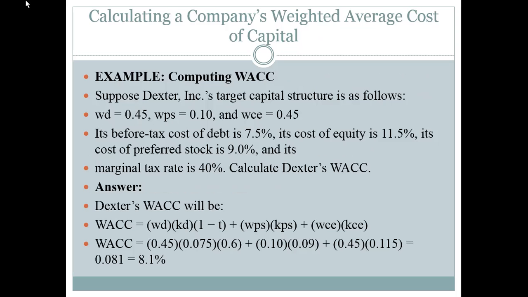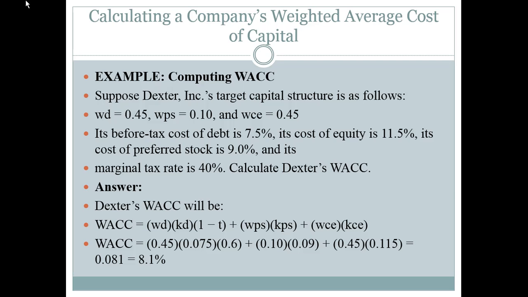So this is an example to calculate the weighted average cost of capital. Suppose Dexter's target capital structure is as follows. The weight of debt is 0.45, weight of preferred stock is 0.1, weight of common equity is 0.45. Okay, so the weights of all the components of capital structure should equal 1.